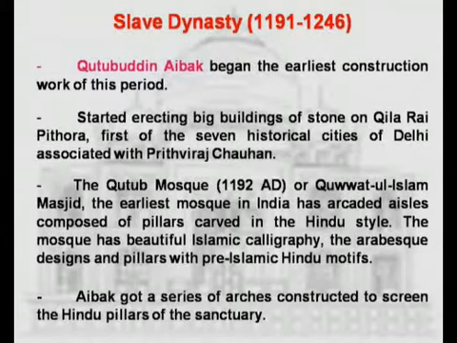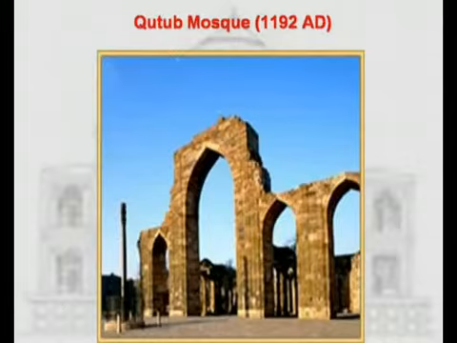The Qutub Mosque, which he built in 1192 AD, or Quwwat-ul-Islam Masjid, the earliest mosque in India, has arcaded aisles composed of pillars carved in the Hindu style. Aibak got a series of arches constructed to screen the Hindu pillars of the sanctuary because he wanted to cover them.